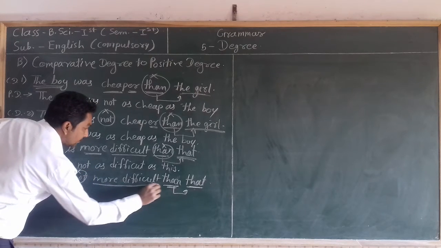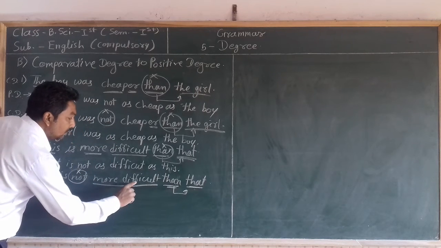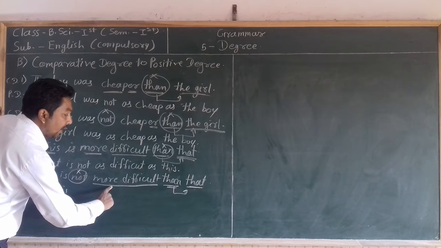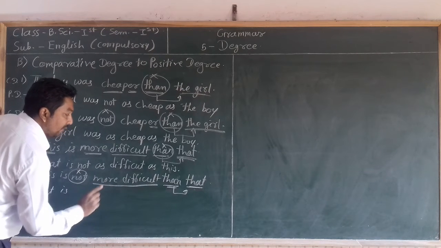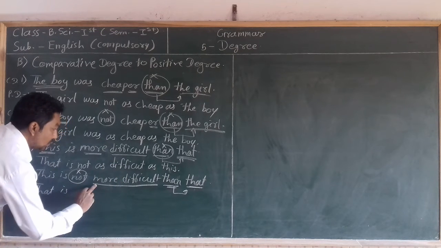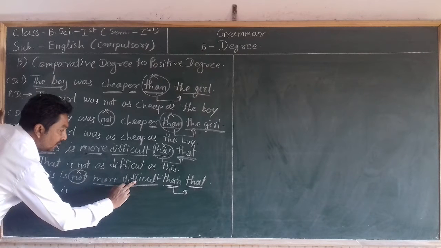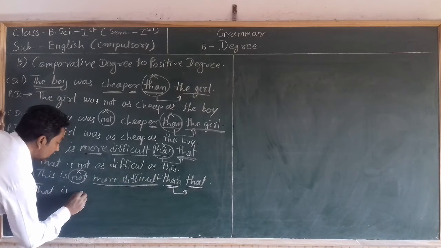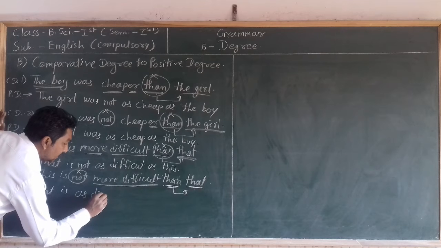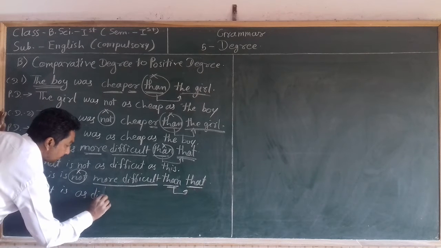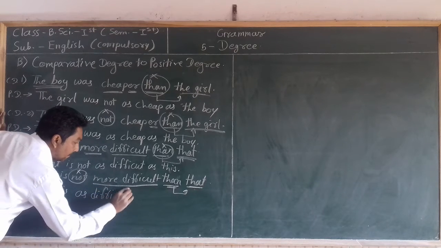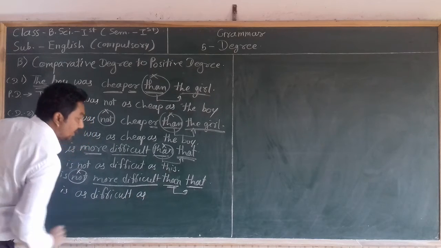Then take the original form of this adjective, which is given in the comparative degree form, between as. So the original form of this more difficult is only difficult. So we will write that between as: as difficult as.